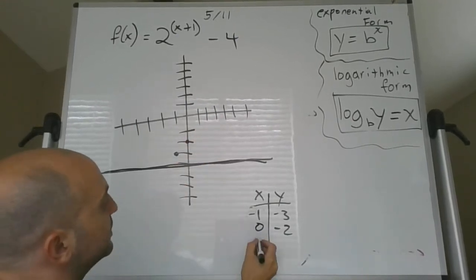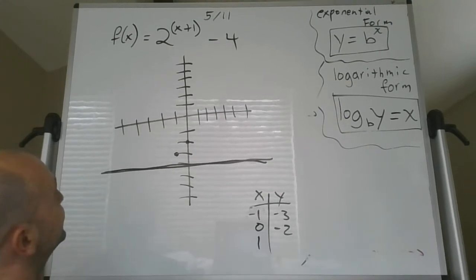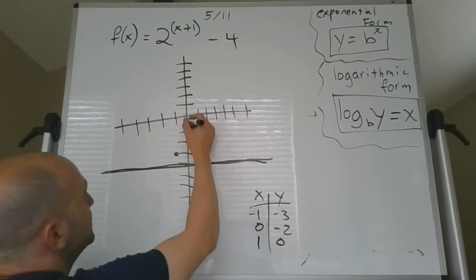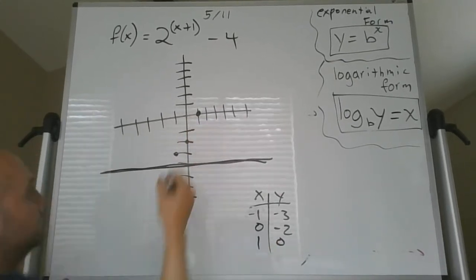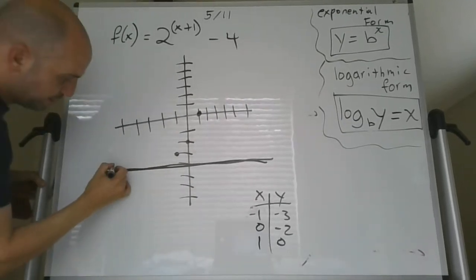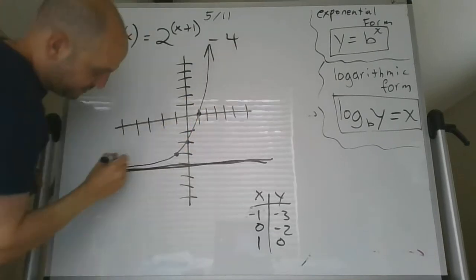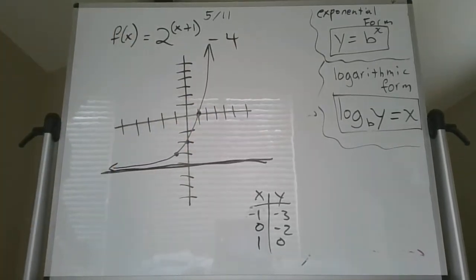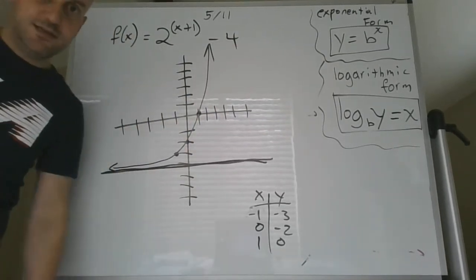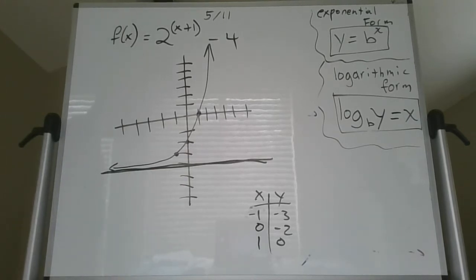If I plug in 1, I get 0. Okay, so we get an idea of what that looks like. And if you remember the exponential graph, it skyrockets, and it gets really close to the asymptote, but never actually touches the asymptote. Great.